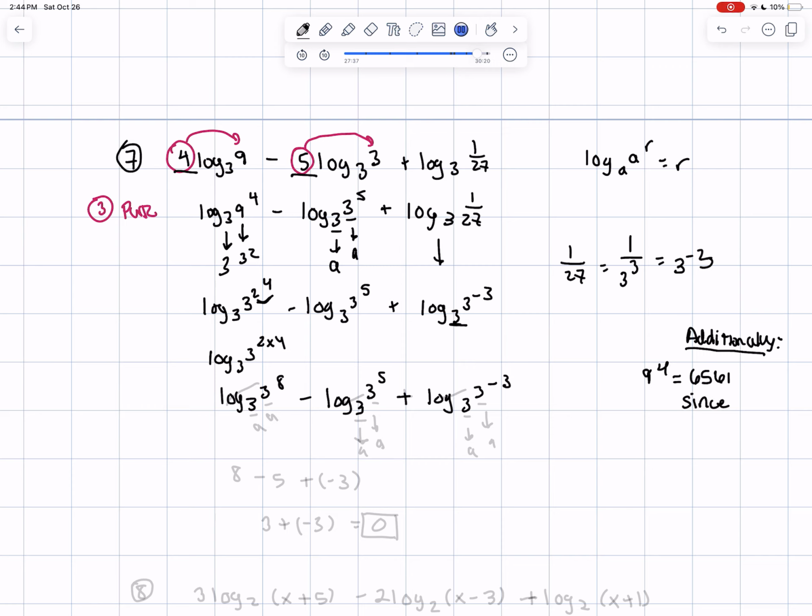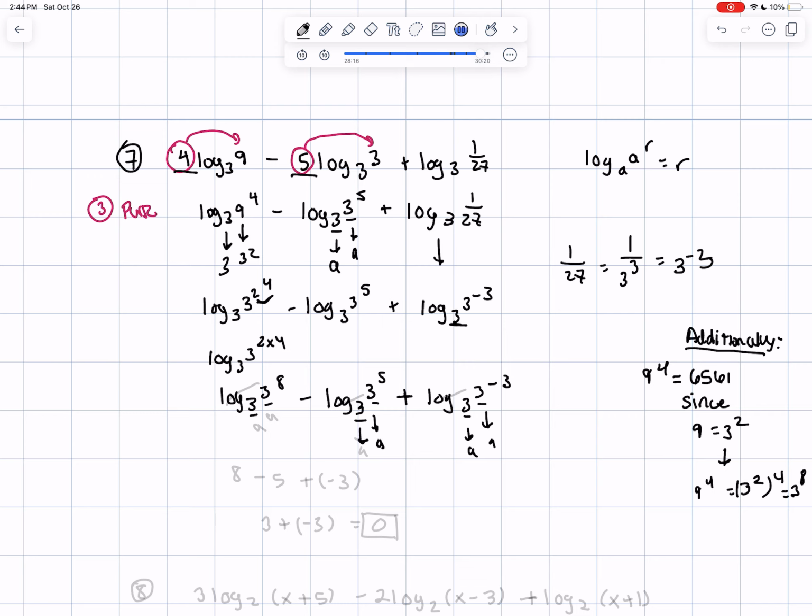So then what do we do? Well, we want to do our other rules. So let's see. Since they all have the same 3 raised to the 3 for the A's, their A's are all the same.